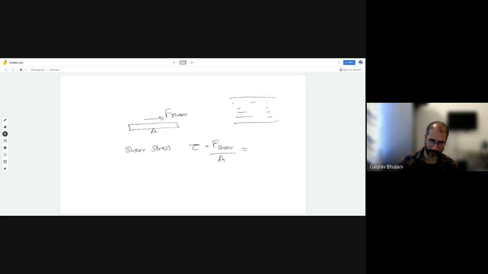Channel is much better. So you had a channel, and on the top you had this plate, a wooden plate that was lying, and then you started moving the plate. So that movement of the plate on the fluid will result in some sort of a shear on the fluid. So that will result in an F shear.